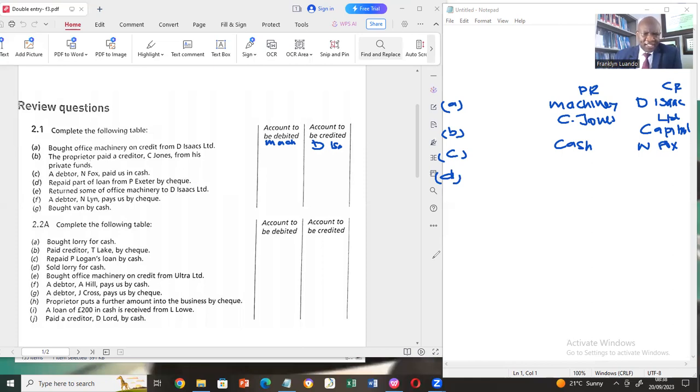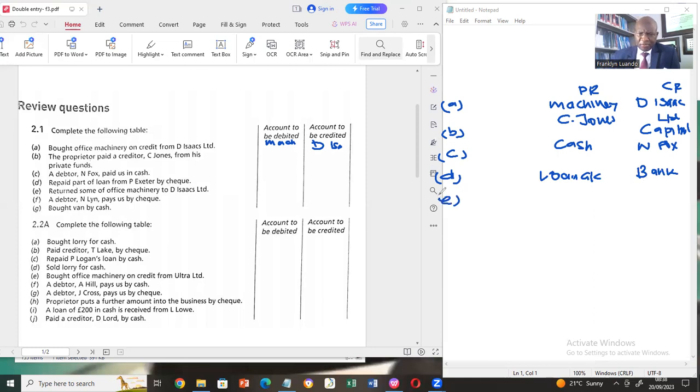P. is receiving, so we debit the loan account which represents P. We are paying by check, so the bank is giving. Credit the bank, the account that is giving.